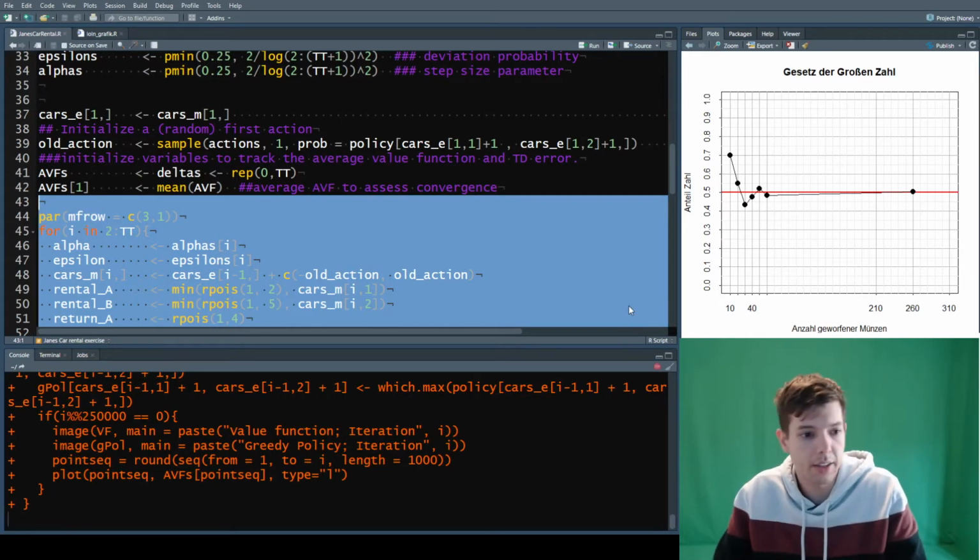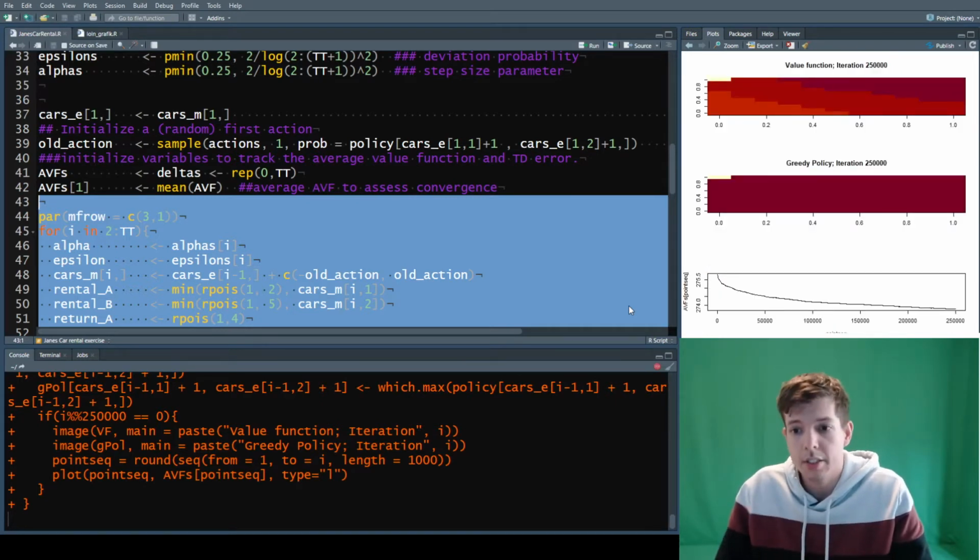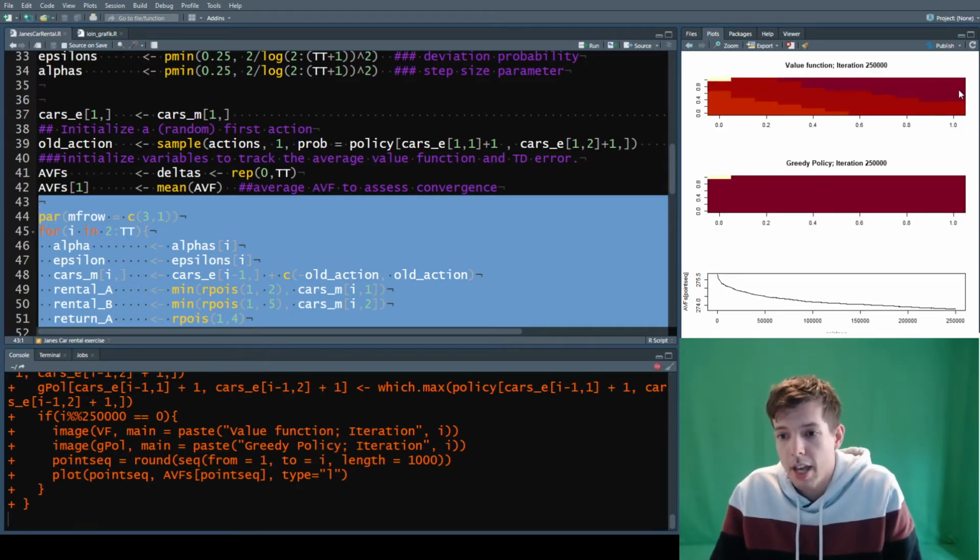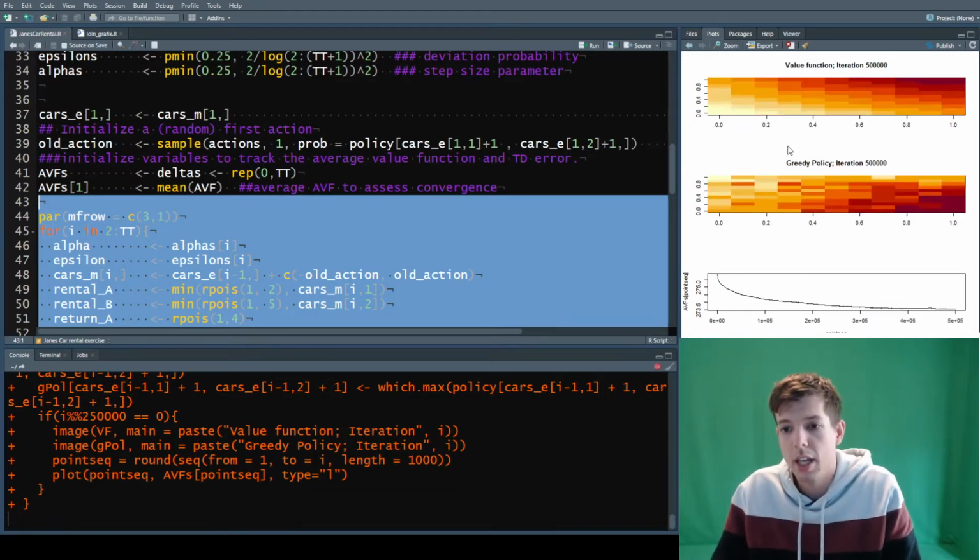And of course, as I said, this code takes a couple of minutes to run. So we are looking at the first 250,000 observations when the plot is going to be there the first time. So as you can see already, the value function has had the first update. On the top right, we have the highest value, and the bottom left corner, we have the lowest values. And as you can see, after 500,000 iterations, the value function already has a shape that is pretty similar to what we will see after 10 million iterations.